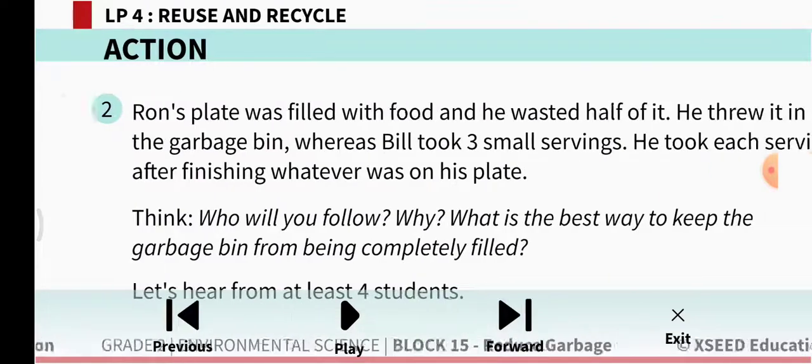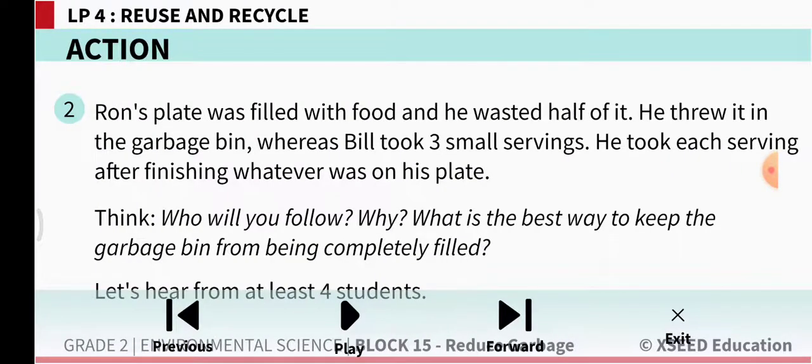Let's move on. Here are two boys, and they are at a small party. Let us compare how they are eating the food. Ron and Bill. What are the names of the boys? Ron and Bill.